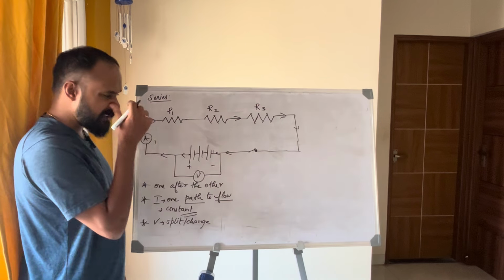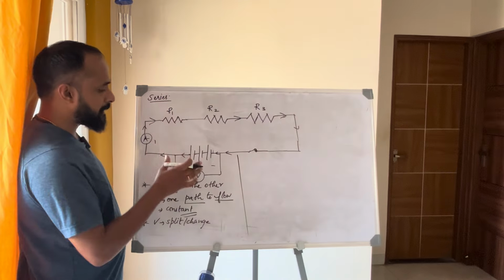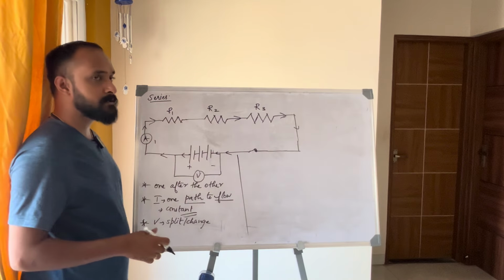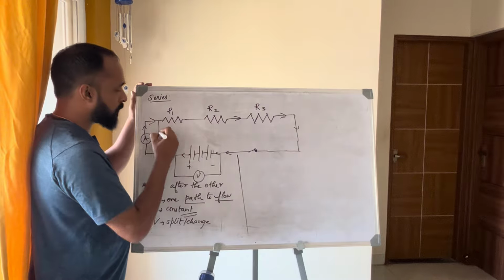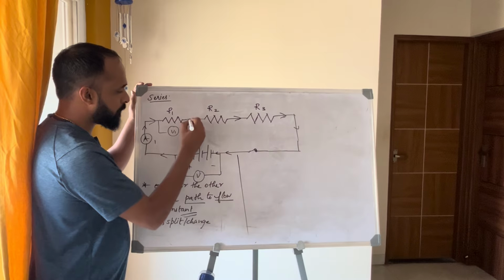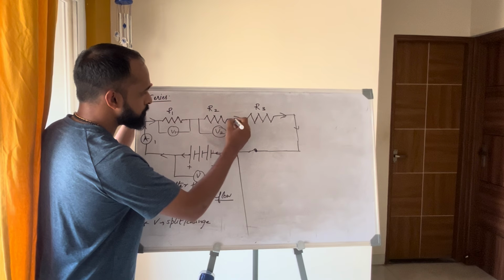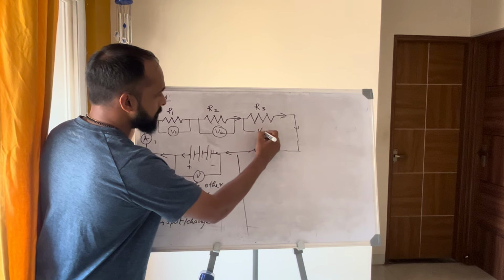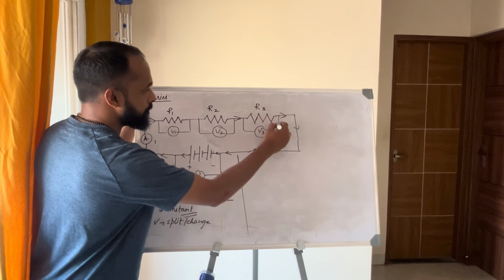Since the voltage is changing, we need to analyze how it is changing. So in place of these resistors, I also connect voltmeters to see how they're splitting. I'll take voltmeter 1 and write it as V1, voltmeter 2 as V2, and voltmeter 3 as V3.